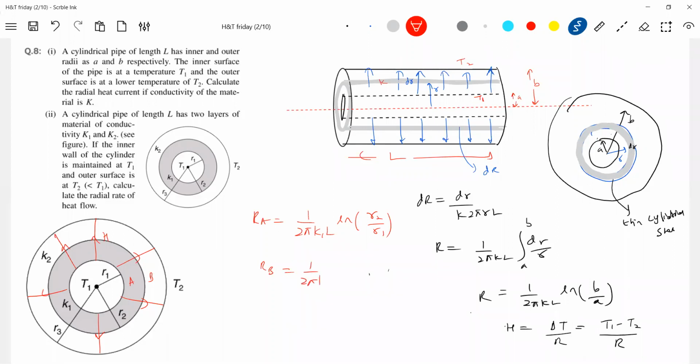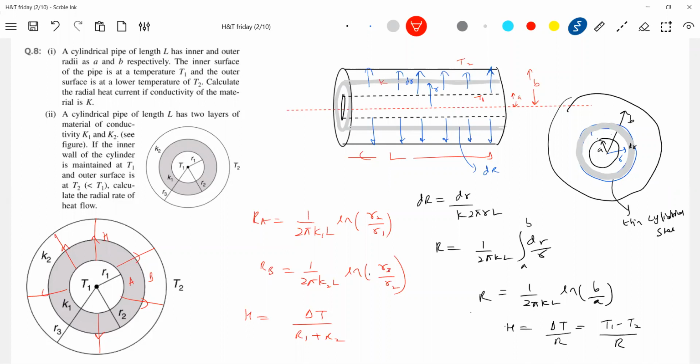RB is 1 by 2 pi K2 L times log of R3 by R2. They are in series, so the heat current is delta T by (RA plus RB). Getting the idea?